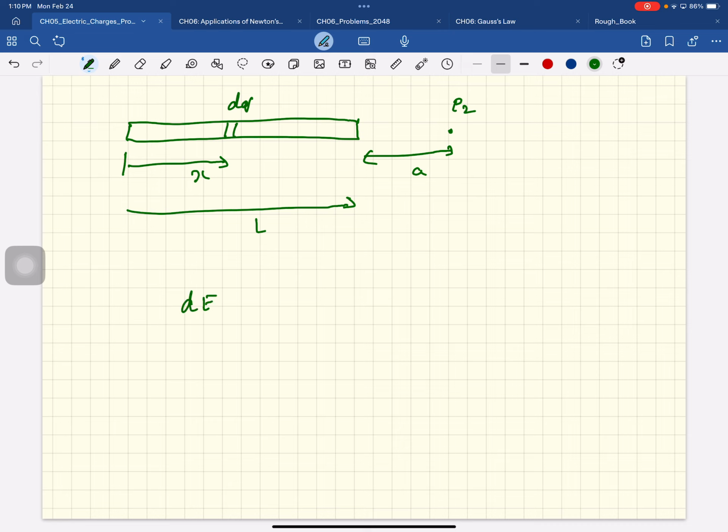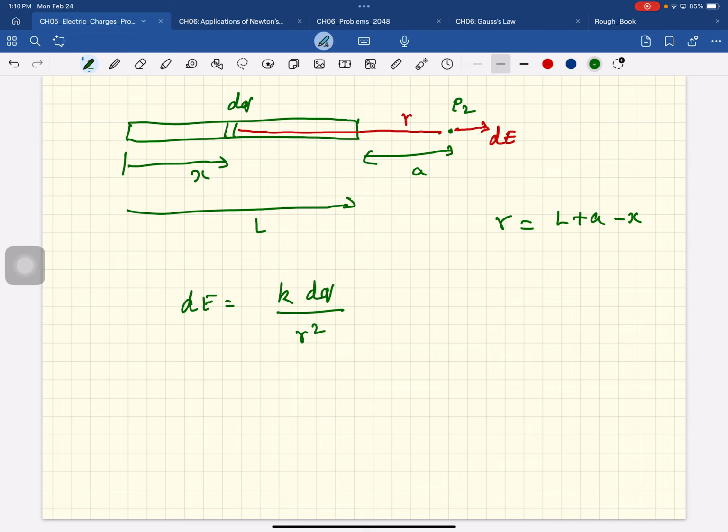So the electric field due to the charge dq at this location, assuming dq is positive, is dE equals k dq divided by distance squared. What is this distance equal to? R is L plus A minus x. We have to write it in terms of that.